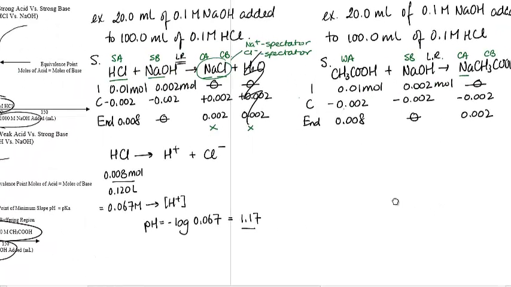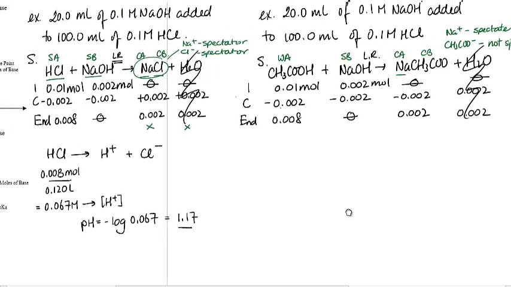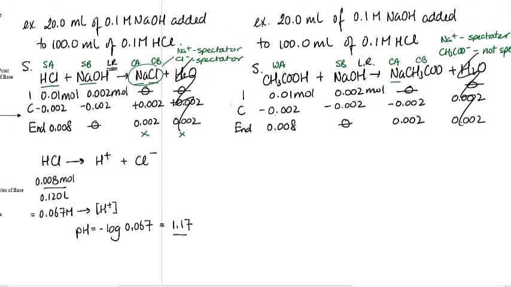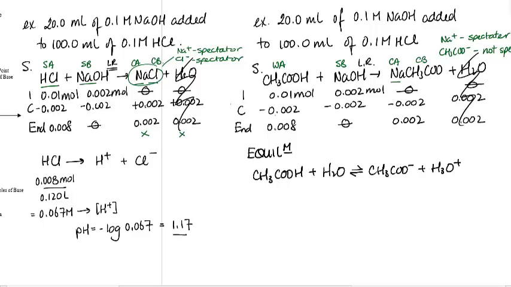So unlike before where the acid completely dissociates, our next part of this calculation is now going to be an equilibrium. And so how we write out the equilibrium is we write out our weak acid, and it's now going to be reacting with water to be in equilibrium with the conjugate base plus the hydronium ion concentration.